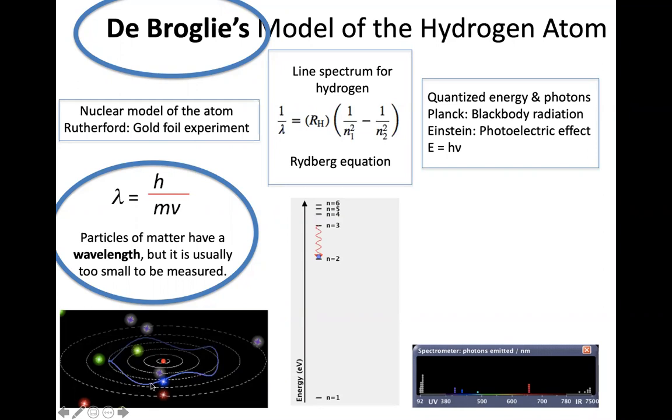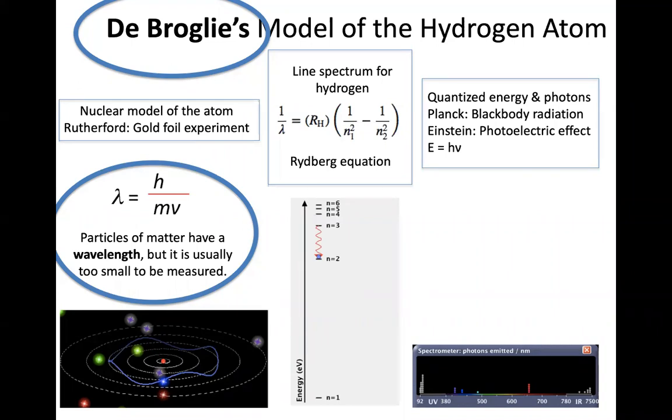Because what we've seen is that light has behaviors of a wave, and Einstein turned that around and said, well, it seems like it also has characteristics of a particle. Louis de Broglie looks at it from the other side and says, well, what if things that we think are particles have characteristics of waves? What would be their wavelength? So he turns it around from the other direction. It's a crazy idea, but it turns out he's right.